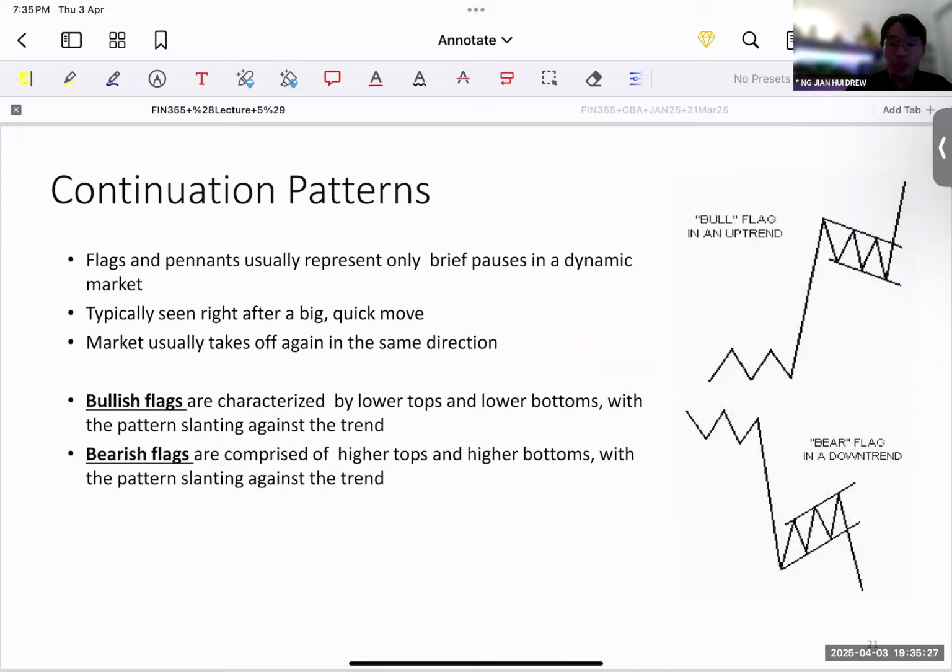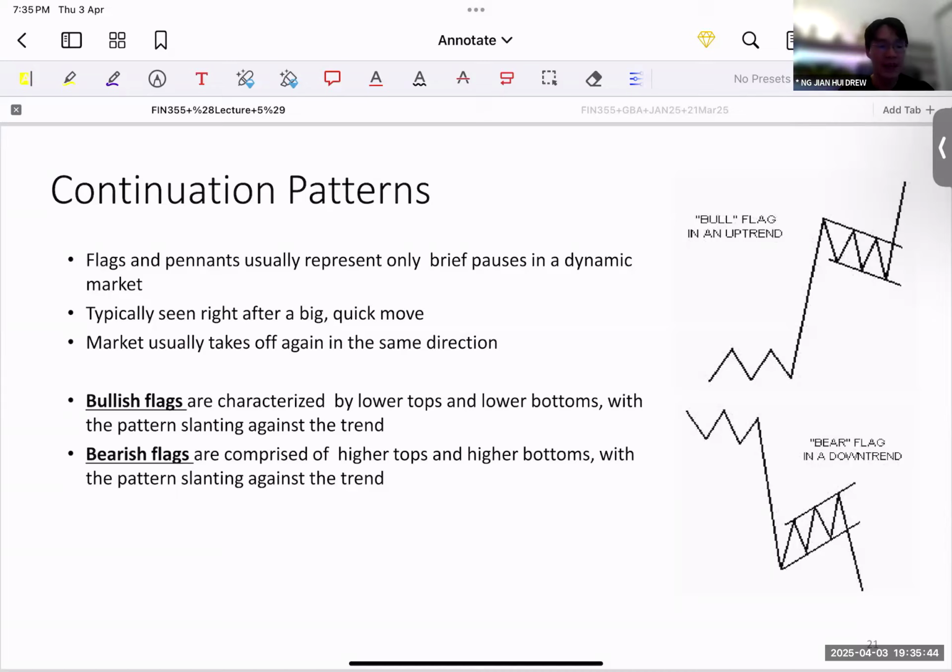There are other continuation patterns as well, such as the flag and pennant. They usually represent a sudden brief pause in the market.